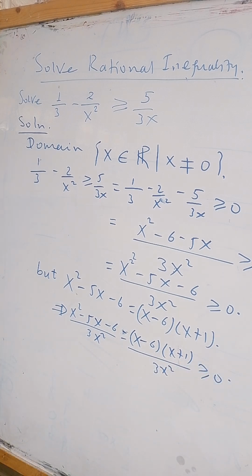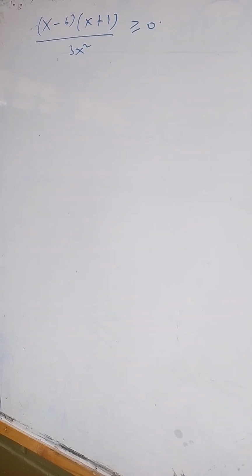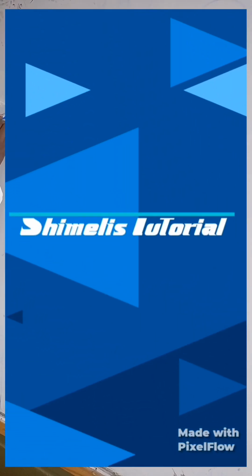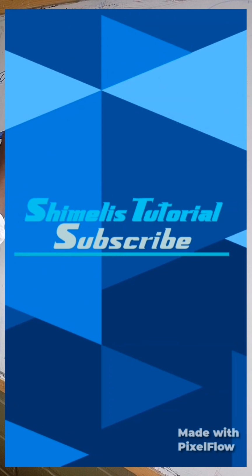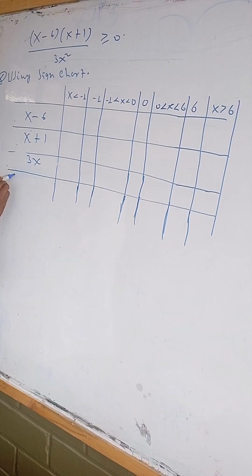To solve this inequality, we use the sign chart. We find the intervals where (x minus 6)(x plus 1) over 3x² is greater than or equal to 0.